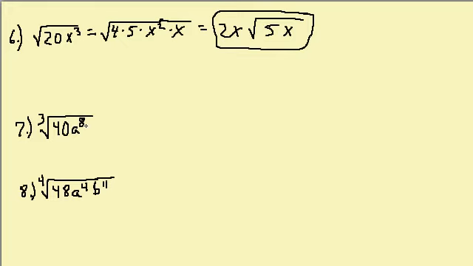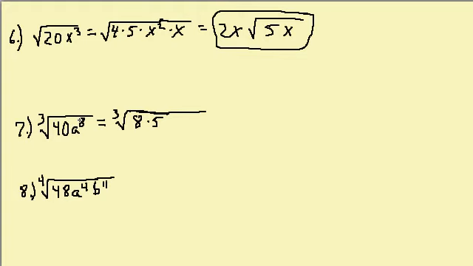Alright, let's look at this one. So I've got the cube root. Okay. So does 40 have a perfect cube factor? Well, 40 can be written as 8 times 5, and then a to the 8th. Well, 3 doesn't go into 8 evenly. Well, what if I make this a to the 7th times a?